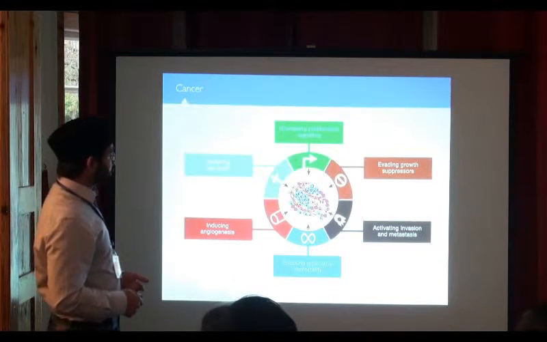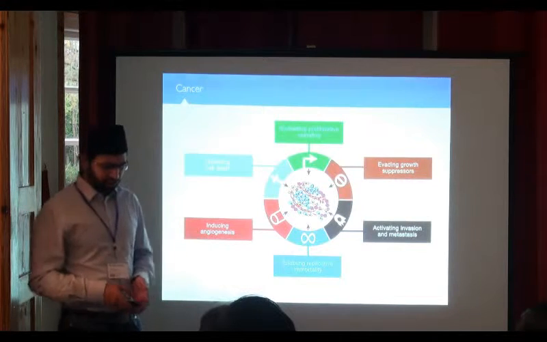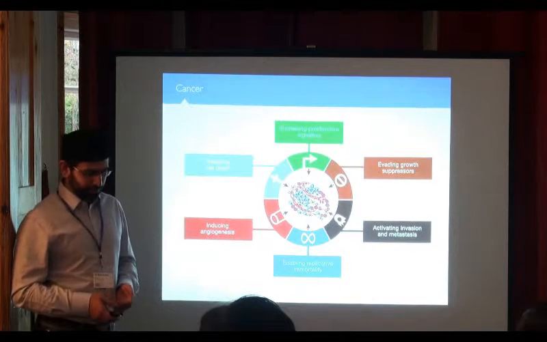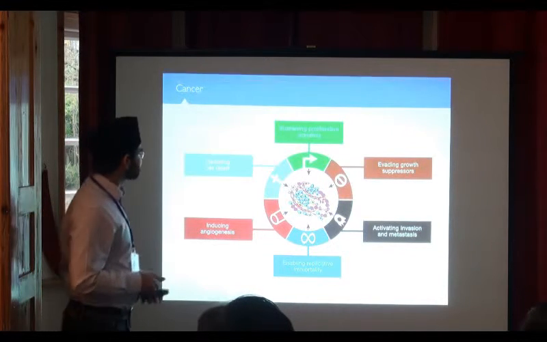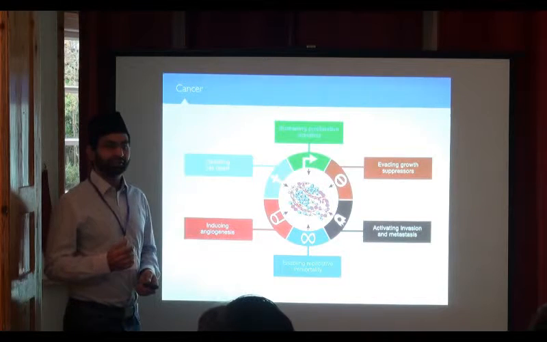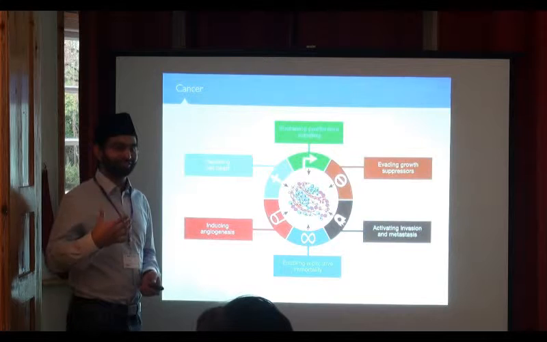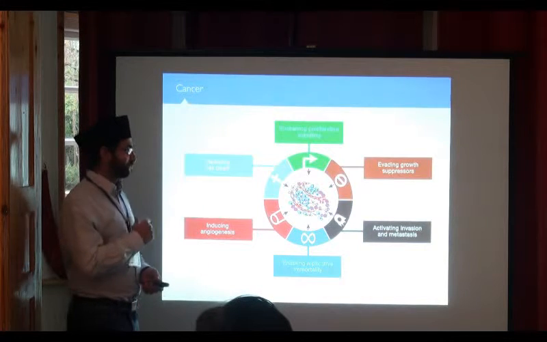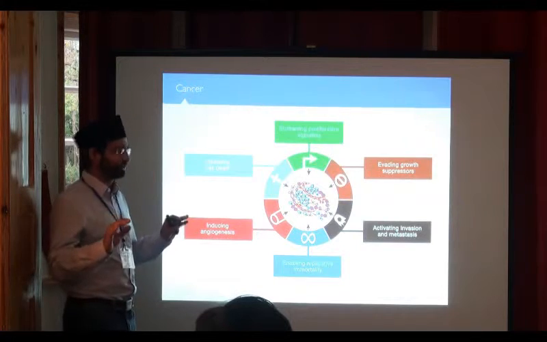But what people have done in the past 15 years or so is try to come up with a picture that defines what cancer is. And me coming with a background in physics, I think this picture is so descriptive that it might as well not be there.